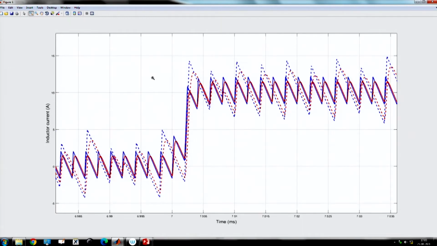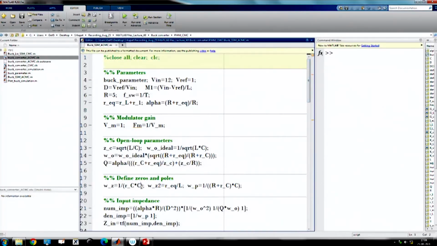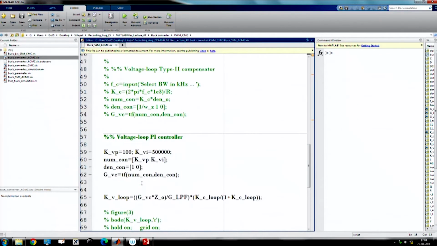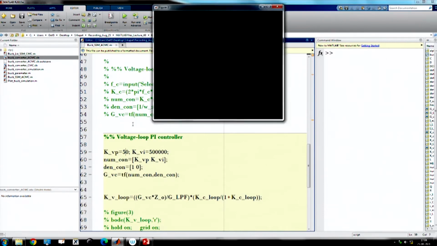So, the thumb rule is that the current loop bandwidth should be at least 10 times higher than the voltage loop bandwidth. And one way to get rid of this problem is to reduce the voltage loop gain by half, that means we reduce the proportional controller gain of the voltage loop, which was earlier 100, now we are making 50.